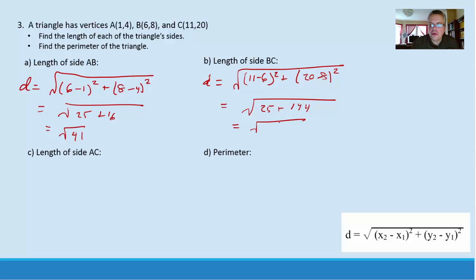We get the square root of 169, which, if you try it, is 13. So our first side was an irrational number. Apparently our second side's length is a rational number.